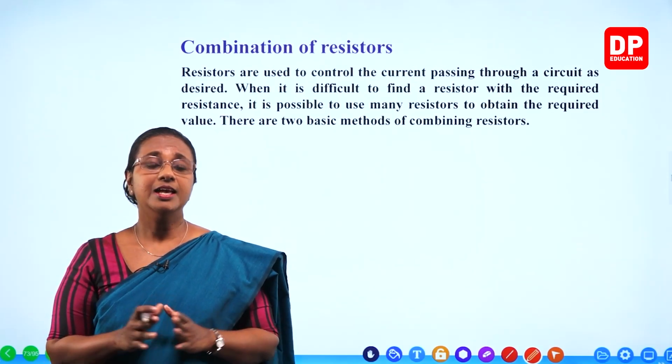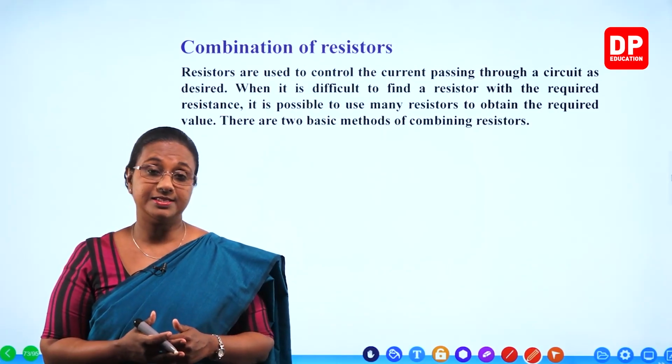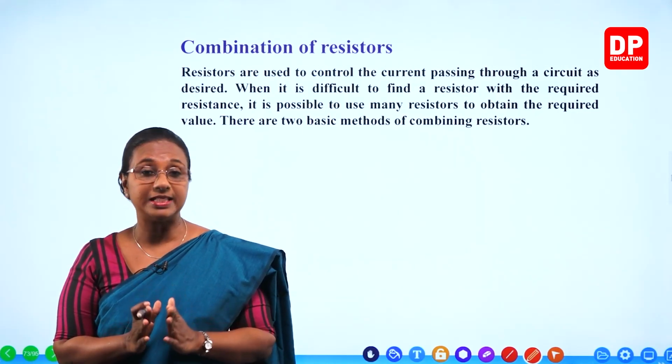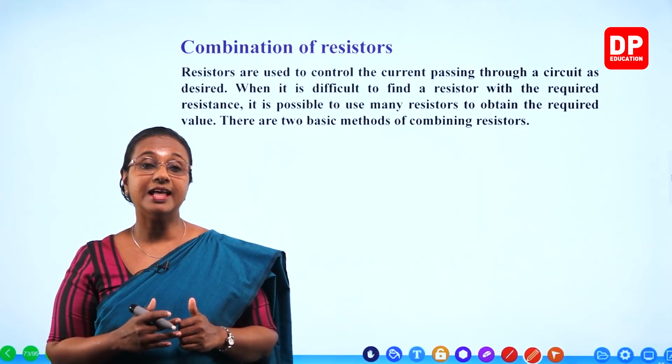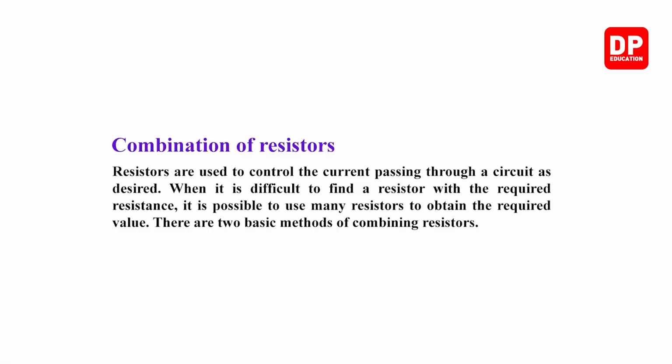But let's say we don't have a particular resistor. Say we need a 12 ohm resistor, whereas we don't have an exact 12 ohm resistor with us. Then we need a way of providing that resistance to that circuit. To do that, we can use a combination of resistors. If we have different resistors with different values, we can combine them in two different ways in order to get the resistance that we require.